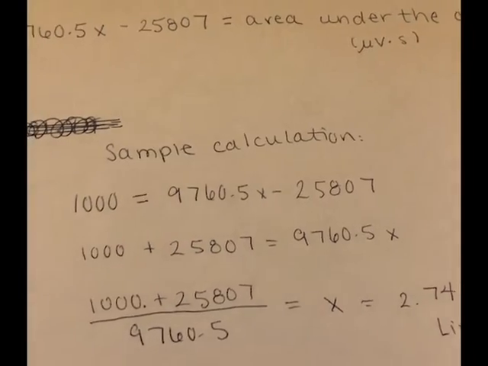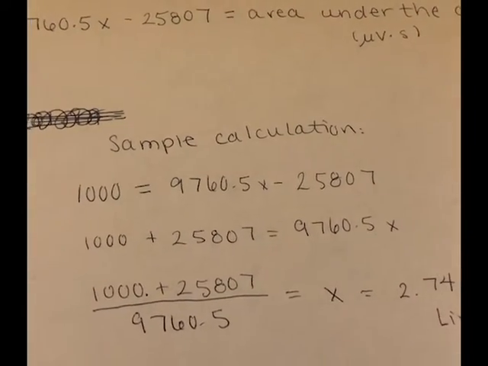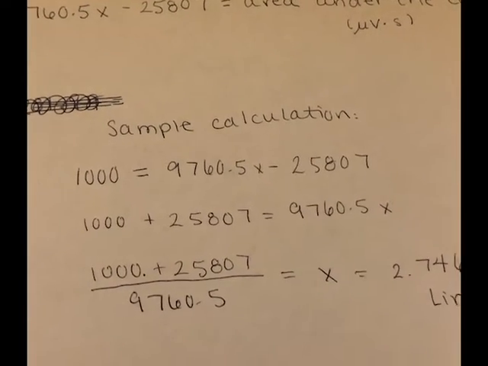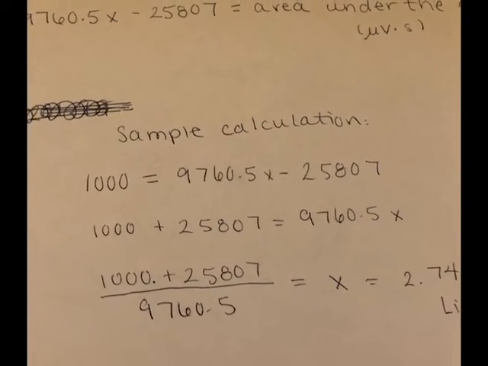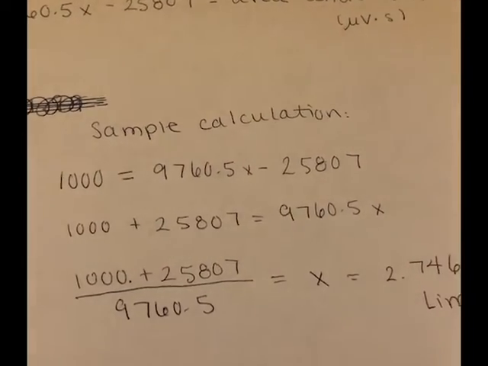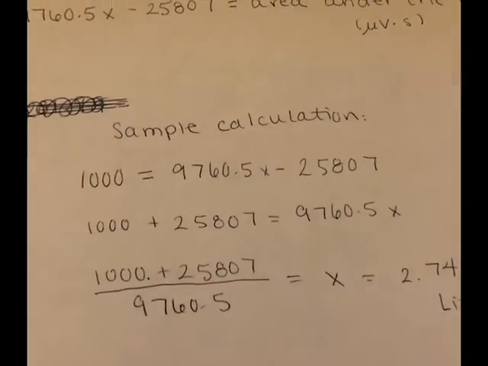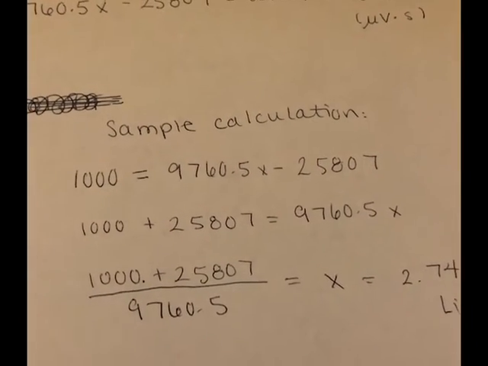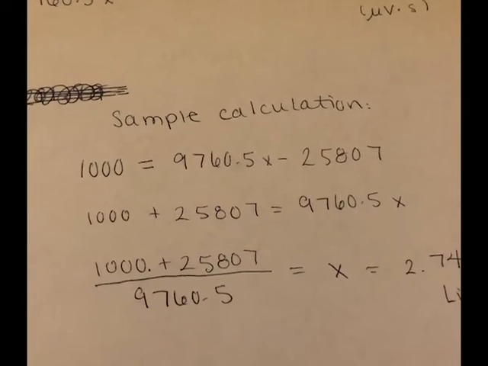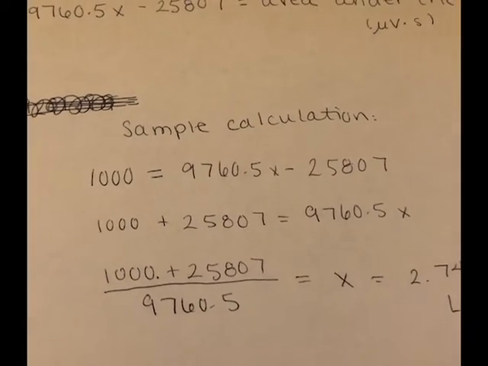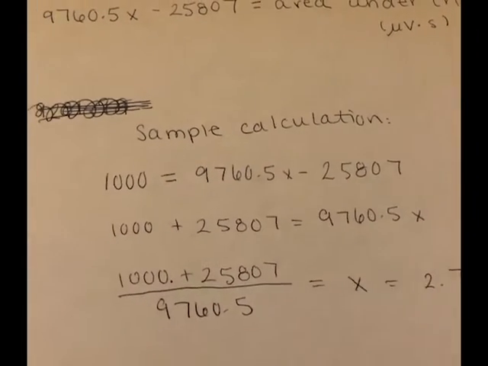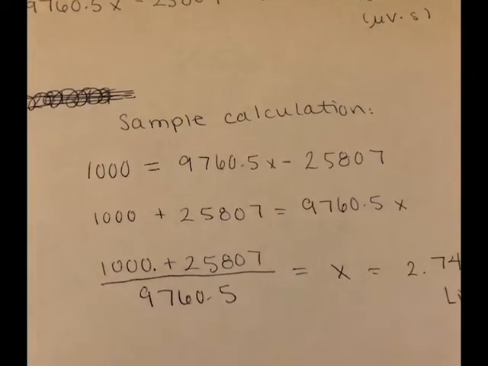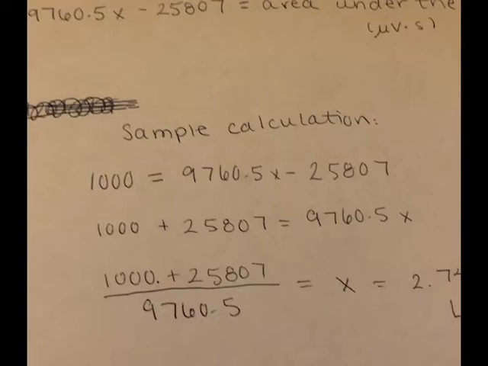So already setting that equal to the area under the curve, let's say, for example, that you get 1,000 microvolt-seconds for your area under the curve. So right away we would set 1,000 equal to the equation for the graph. And then, moving over the 25,807 to the left side of the equation, you have to add it. You can set that equal to 9,760.5x.